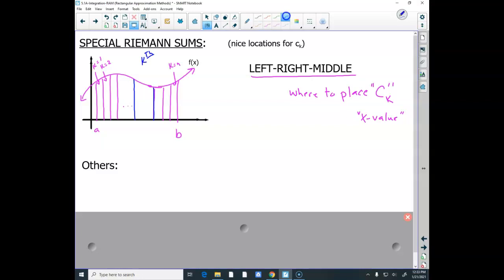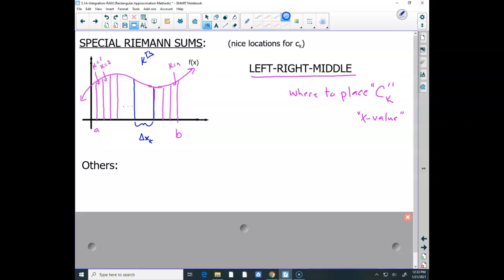And here is my delta x sub k for my width.